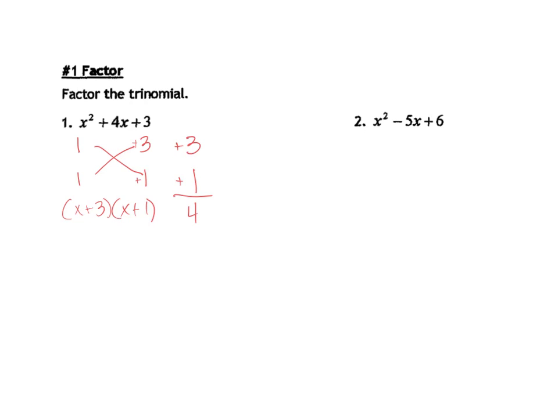Number 2. Obviously 1 and 1. But now 6. It could be 2 and 3 or it could be 6 and 1. And we don't know. We got to make a negative 5 and a positive 6. So obviously we'll just try 1 and 6 first because that's like obvious. 1 times 1. 1 times 6. Do 1 and 6 make 5? Yeah.